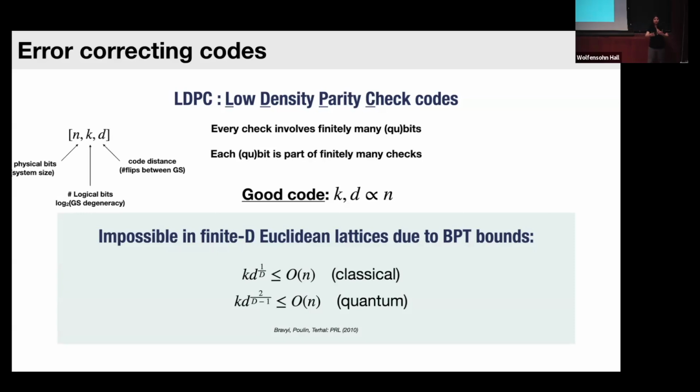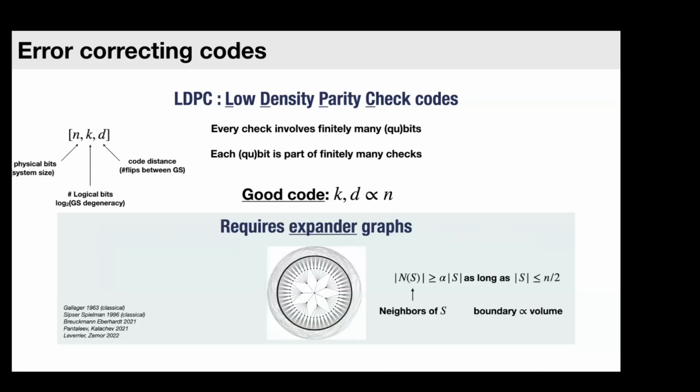So you can't increase both K and D to the extent that they both scale proportionally to N. In order for us to be able to do this, we require expander graphs.